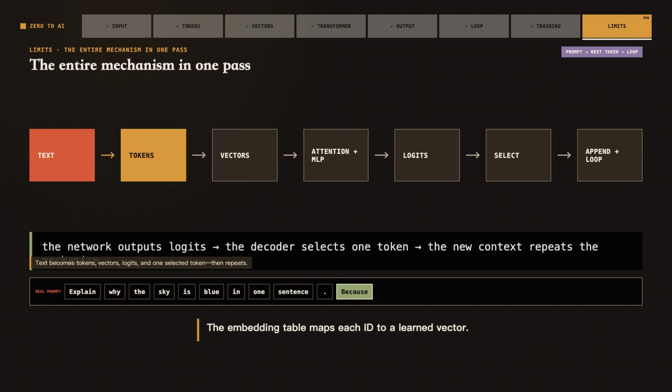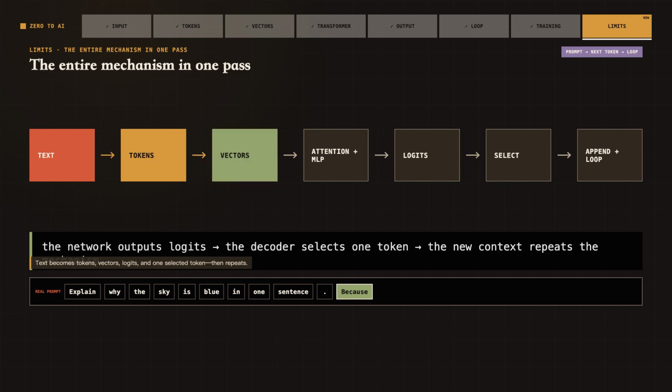The embedding table maps each ID to a learned vector. Position information enters the attention computation. In every transformer block, normalization controls scale. Query key dot products produce compatibility scores. The causal mask blocks future positions.